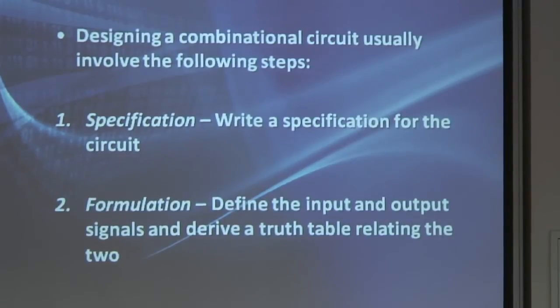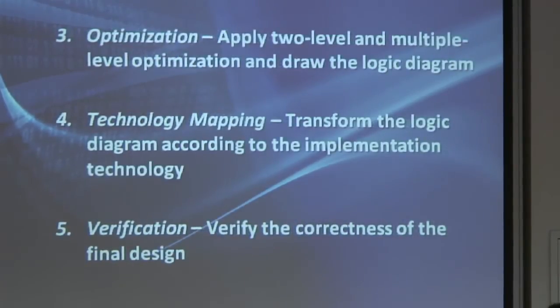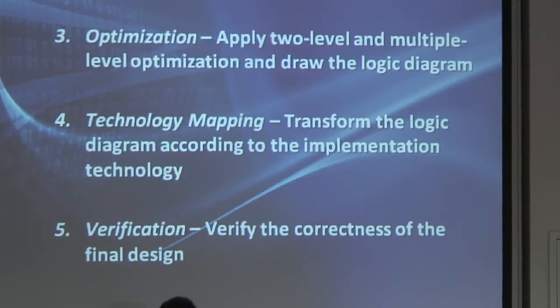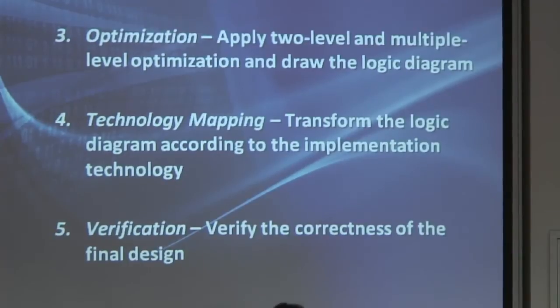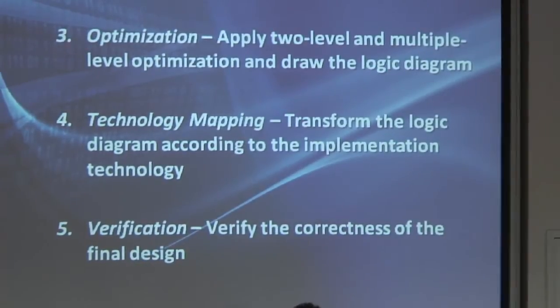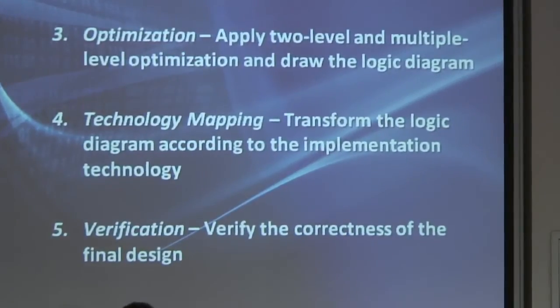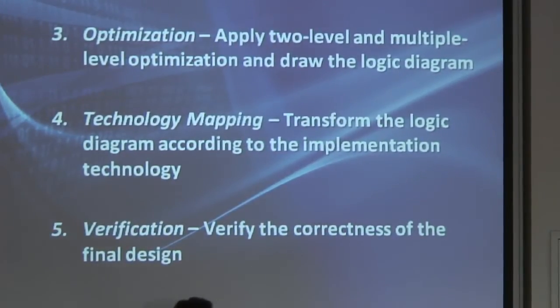Now, we know how to work with truth tables. We know how to start implementing circuits once we have truth tables. These are things that we've done. So the next step, once you have the truth table or the Boolean expression, you apply some optimization to it. Now, when you do optimization, it really depends what you're optimizing for.